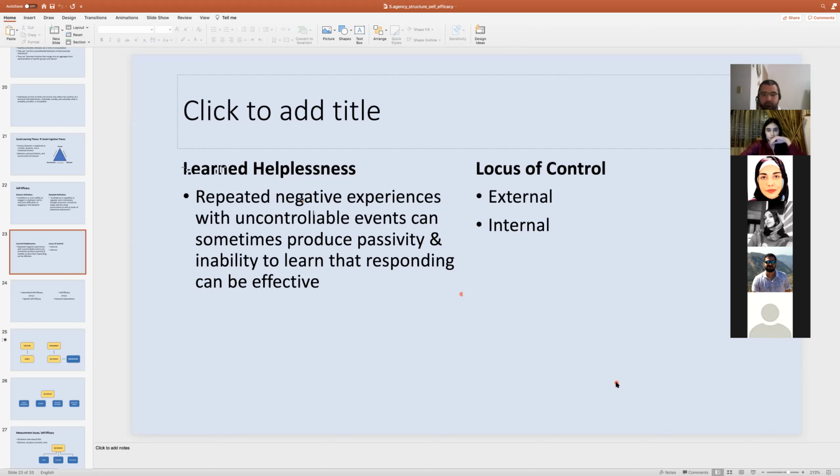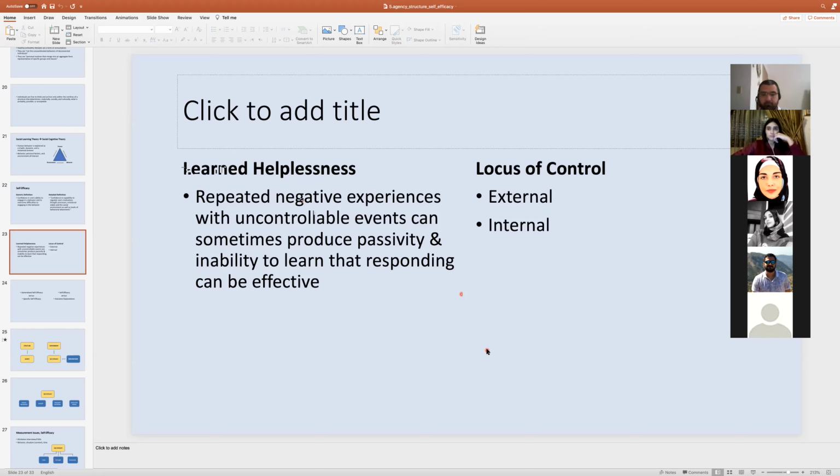So yes, the idea is that in the dog experiment, they were given electric shocks, and then they tried to escape the electric shock, but the door was closed, right? And then the dog got used to the electric shock, so that even if the door of the cage was open, the dog just sat there and didn't try to escape.